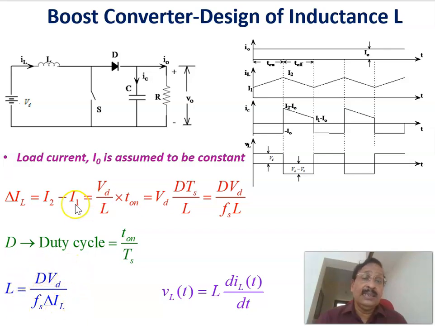Therefore, this is the way in which you can design the value of the inductance based on the permitted value of the change in inductor current. Of course, Fs is the switching frequency, D is the duty cycle, and Vd is the input voltage. Therefore, the inductance value is given by dVd divided by Fs into delta IL.